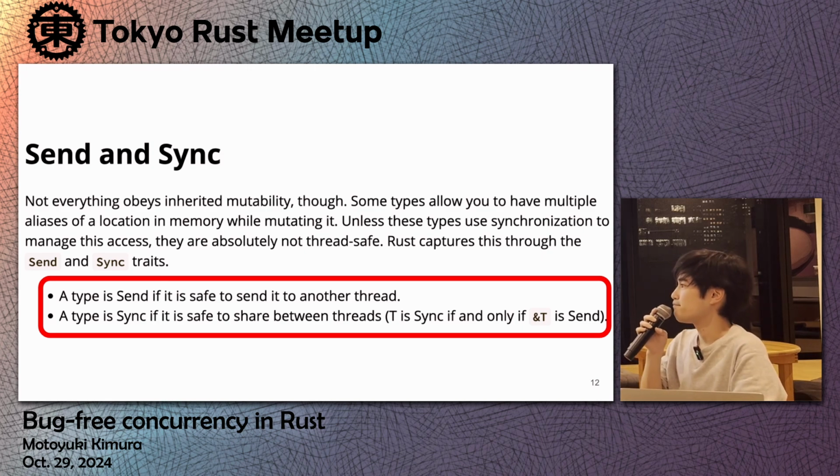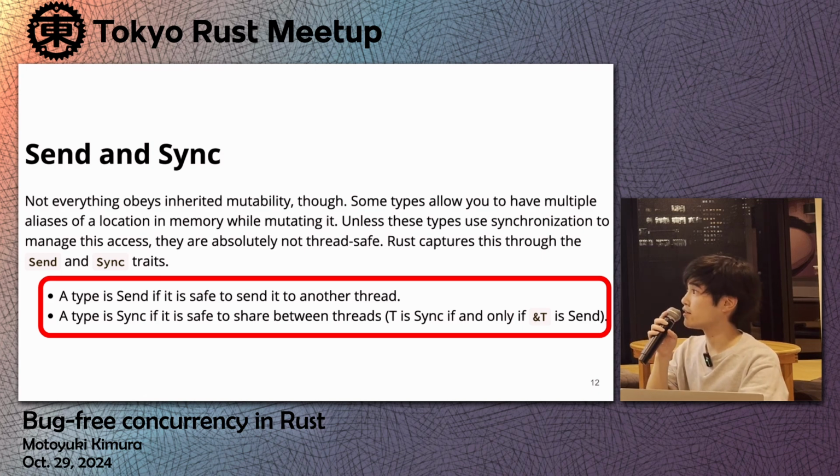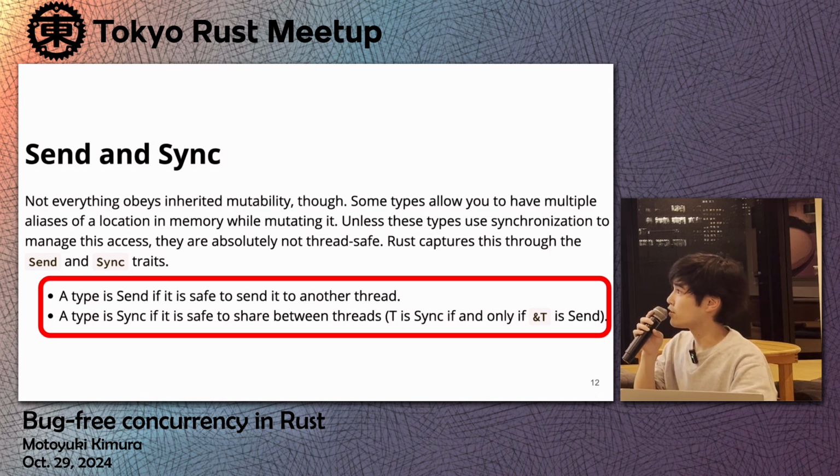In Rust, we can add additional properties to our own types. If our own type is safe to send to another thread, we say this type is Send, and if it is safe to share across threads, we say this type is Sync. Because Rust has its own properties around concurrency safety, Rust sounds really promising.